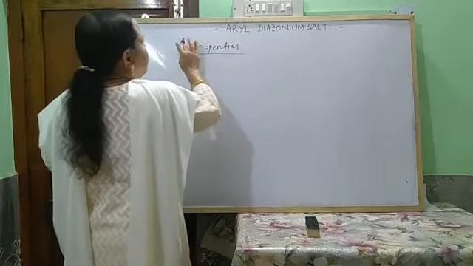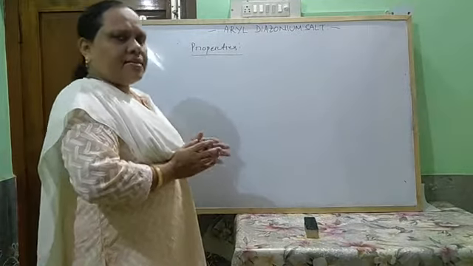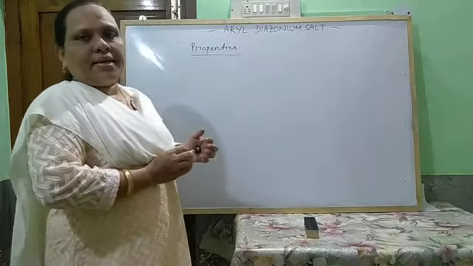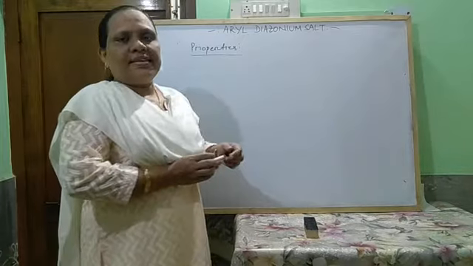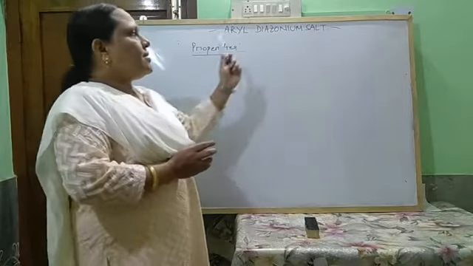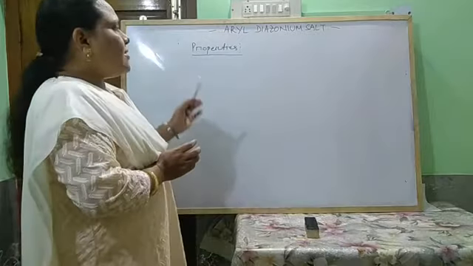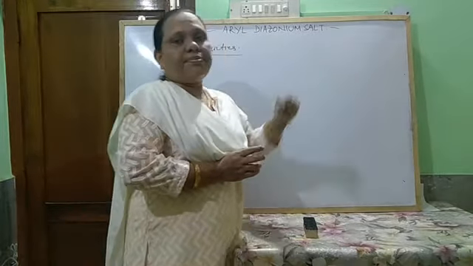Next come to properties. These compounds are less stable compounds. If we compare aliphatic and aromatic, the aliphatic diazonium salts are less stable, while aromatic diazonium salts are stable to some extent, and are generally used for synthesis of different products.